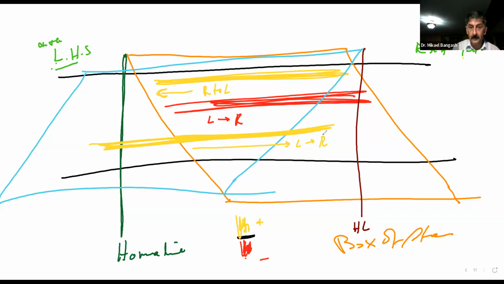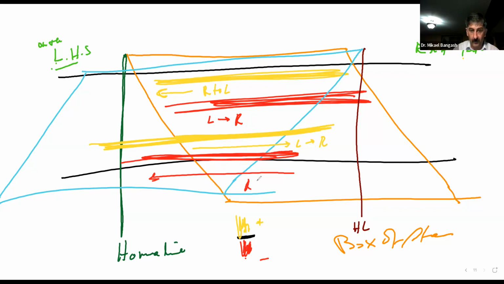Whereas, if our beam was steered like this, the light blue, but we see the blood is indicated or marked as a red color, which is negative, that may mean that the blood is flowing in a direction away from the home line, which may mean it flows this way. Which may mean that it comes from the right, but it flows to the left.